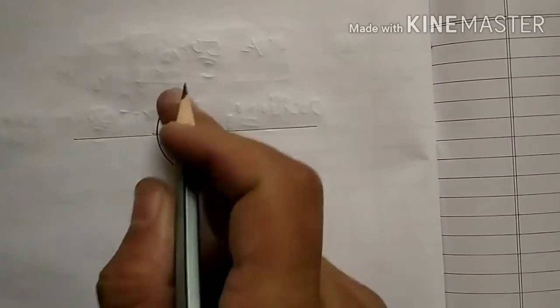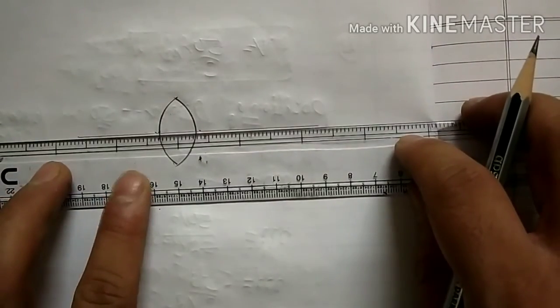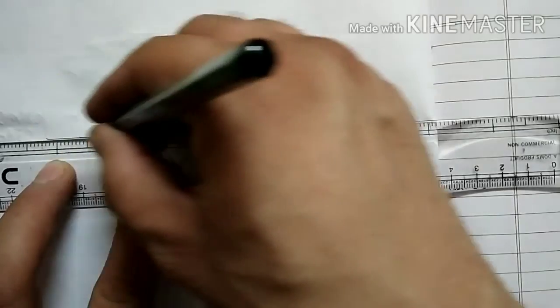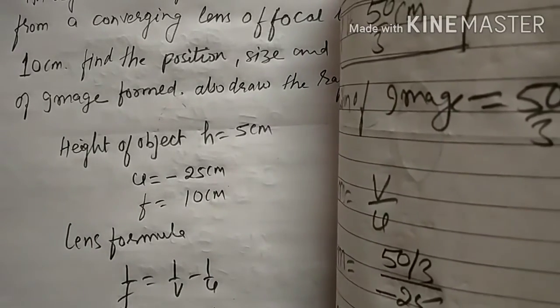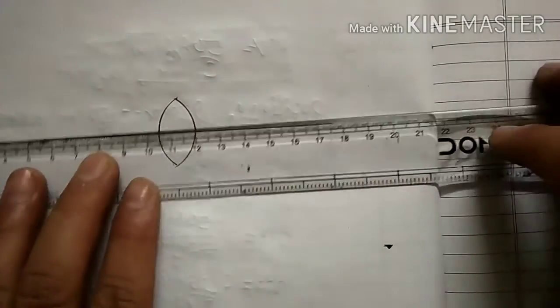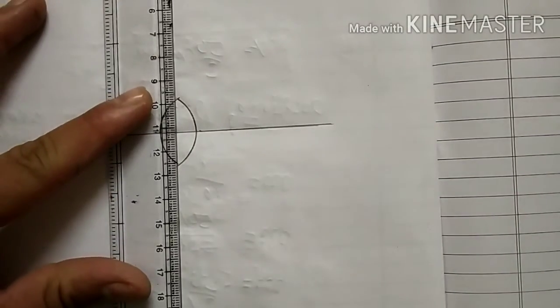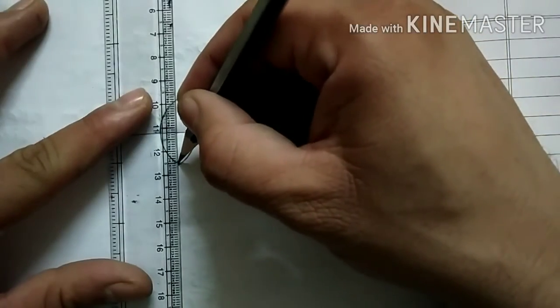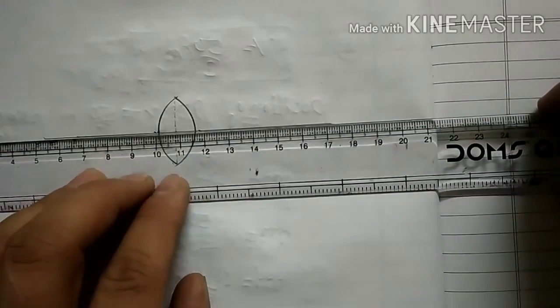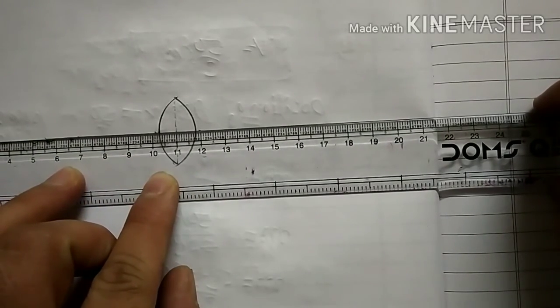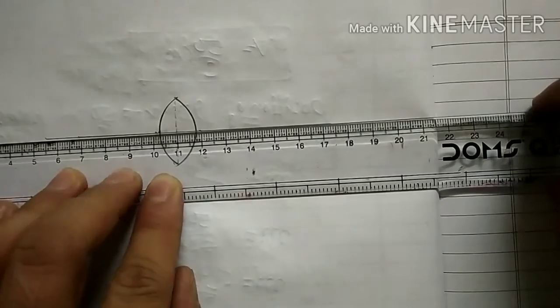I think it is looking too thick, no problem. Somewhat it will be thick, but by using D it will be very appropriate. The focal length of the lens is given in the question. What is the focal length? You can see the backside. Focal length is given as 10. So you can take an appropriate scale. I am taking 1 centimeter as 5 units, and you can take it as per your choice.